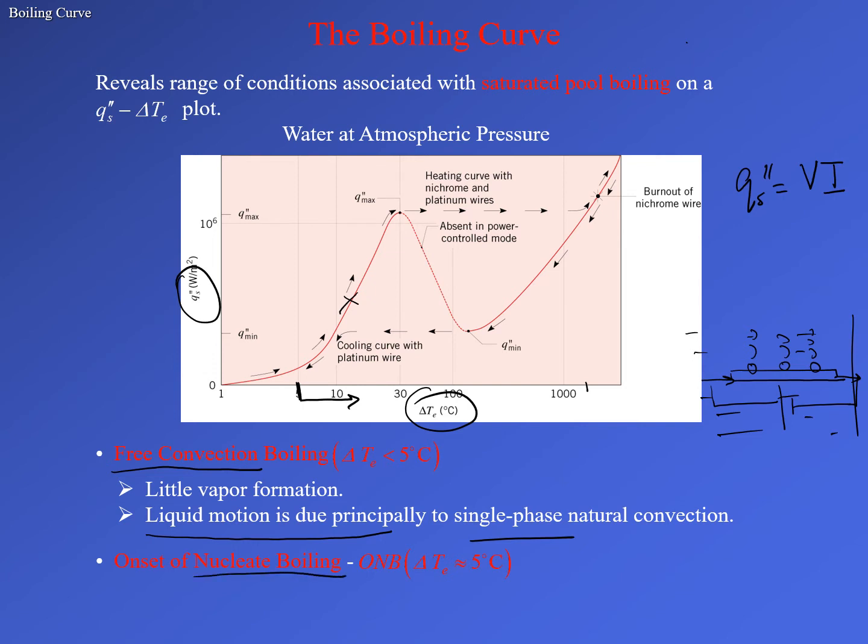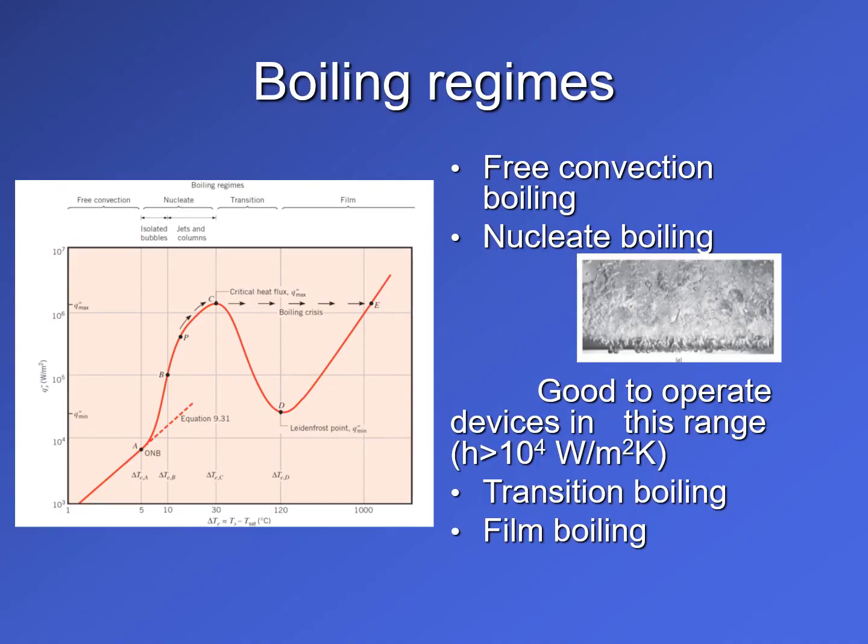Lots of bubbles start to form. So the region between 0 and 5 degrees centigrade is free convection boiling. And remember, the water here is at 1 atmospheric pressure for this experiment that we have demonstrated.